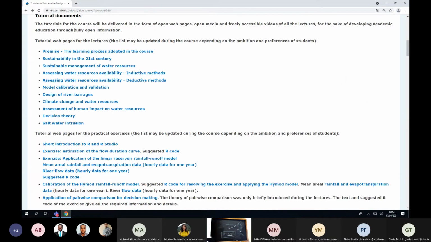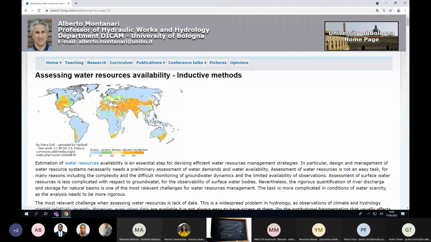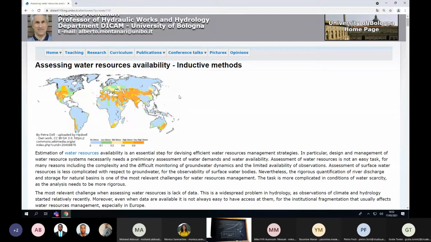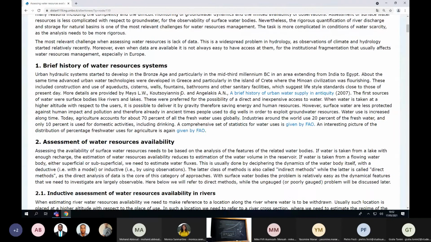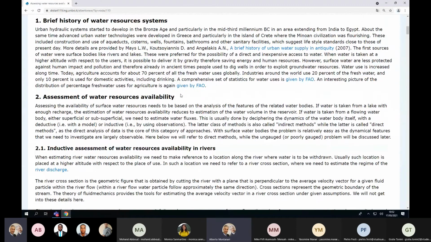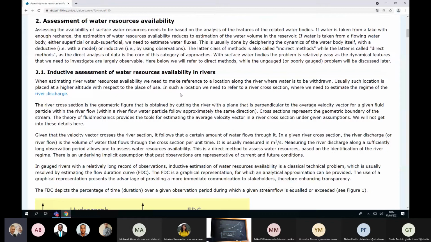Okay, and then let's talk about the next one, inductive methods. This is the subject of many questions at the exam. A typical question is, what does inductive assessment, deductive assessment mean? What is river discharge? Provide a definition. It is the volume of water through a given cross-section per unit time.